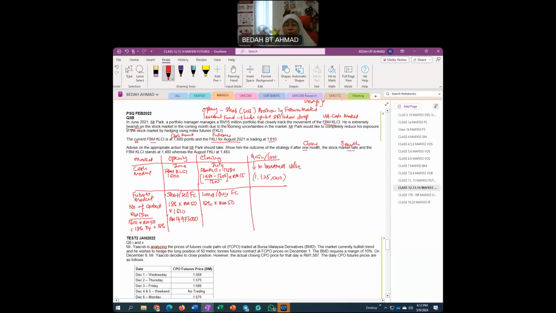Now the index point for the FBMKLCI is 1480, but in the August futures market, August FKLI is 1483. So multiplied by 1483, you got RM 13,791,900.